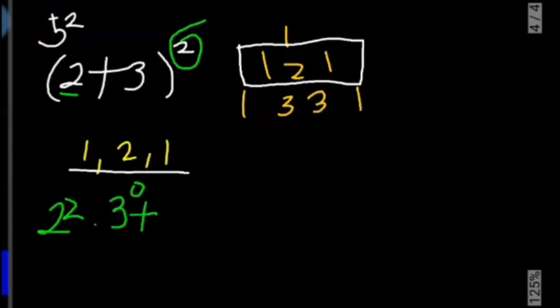So we have 2 raised to the power 1, the power is reducing. The second term, the power is increasing, we have 1. Leave a space. So the next term we have 2, the power reduces to 0, and 3, the power increases to 2.